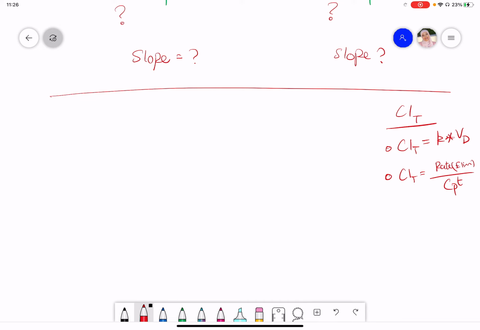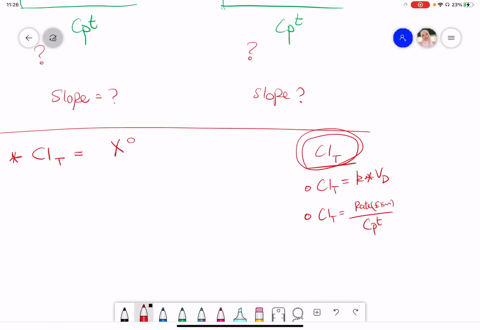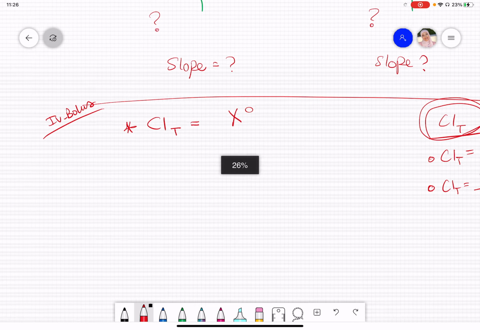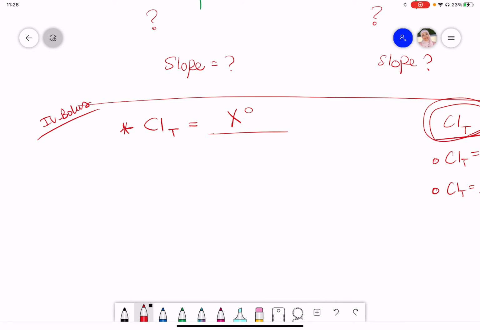There's another way to determine the total clearance, which, if we are talking about IV bolus, first order kinetics, would be equal to the dose, X, over the total area under the curve.